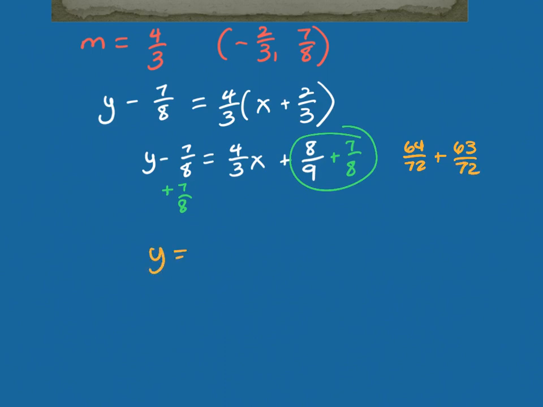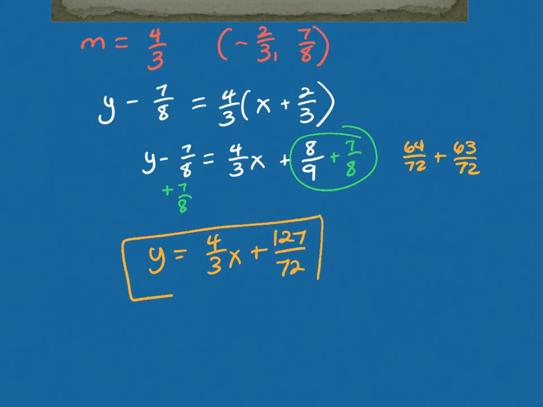And I get y equals 4/3 x plus 127 over 72. Okay, and then we check to make sure it can be simplified, right? So 1 plus 2 plus 7 is 10. That's not divisible by 3. They're not both even, so I can leave it the way that it is, okay?